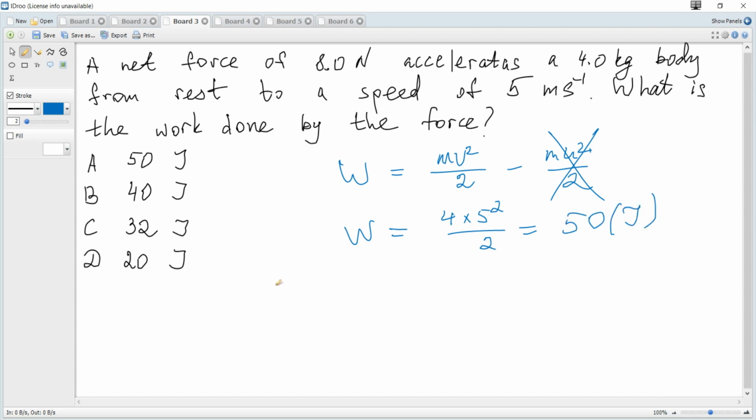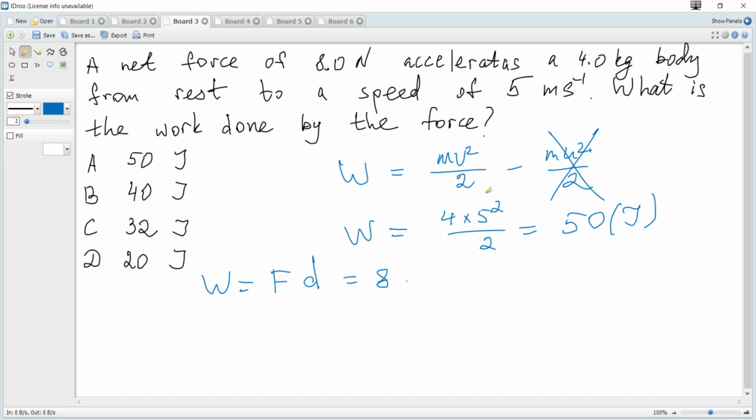Also, a basic formula: work is force times distance, and in general times cosine of the angle between the force and direction of motion, but definitely force is in the direction of motion, so its cosine is 1, and force is constant, so it's 8 times distance.